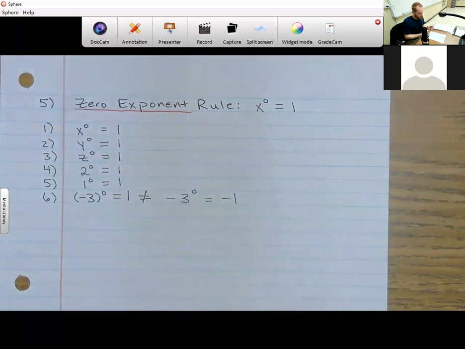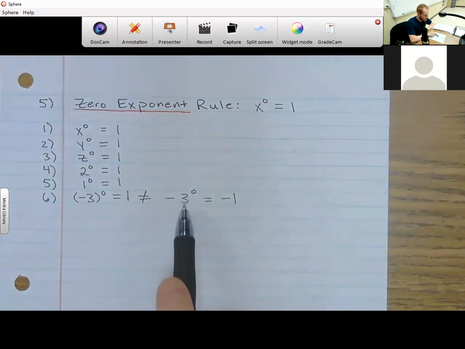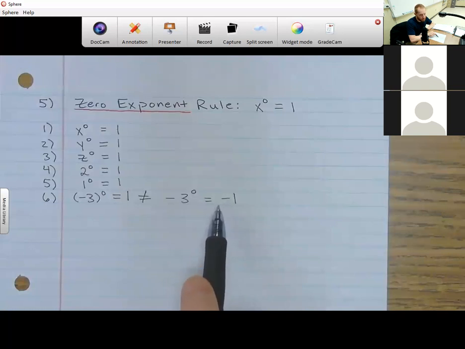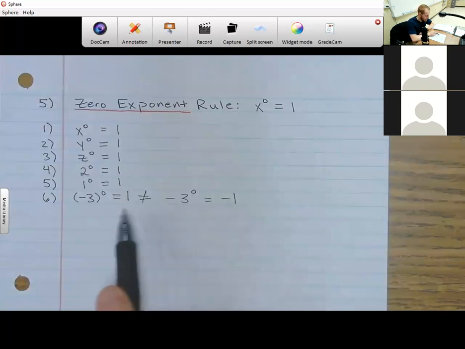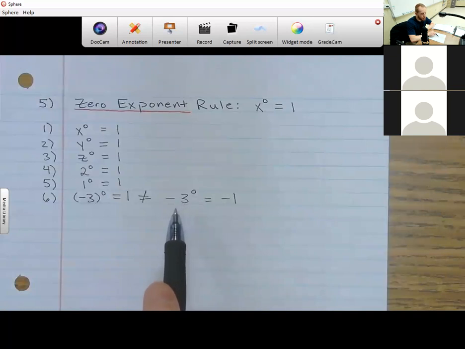Well, what this does is it brings the negative over, but 3 raised to the 0 power is still a +1, right? So you would actually have -(+1), which is -1. And that's basically the difference between this problem and this problem. Here you have parentheses, while over here on this side, you don't have those parentheses. So your math is going to change. Okay.